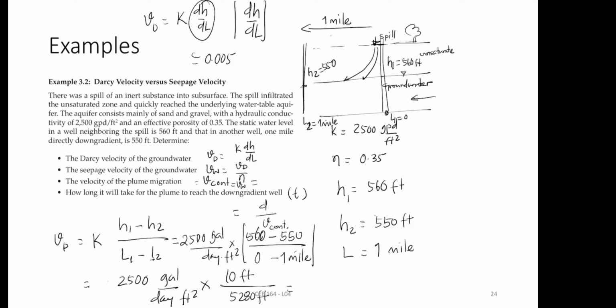So if I write this one, I'll write first, then I'll explain. 2,500 times 10 divided by 5,280. So that's 4.7 gallon per day per square foot. Let's see.